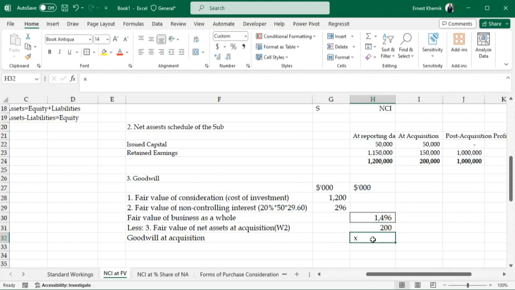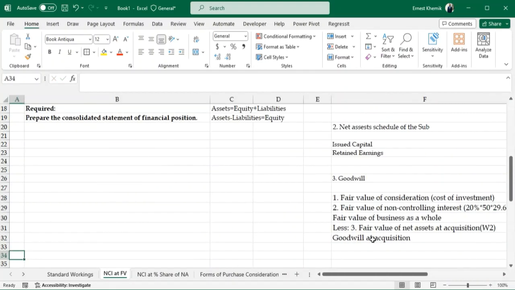Now, what's the difference? The difference becomes the goodwill at acquisition. The difference between the value of the business taken as a whole and the fair value of the net asset at acquisition becomes our goodwill at acquisition. So that is equal to this minus this, and then we have that figure there.